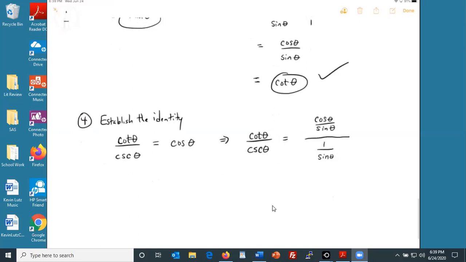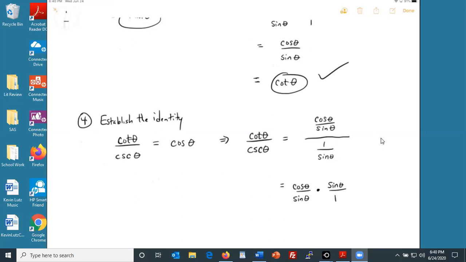Now here again, we have fraction math. We're dividing. Now, with fractions, it's easier to change our division here to multiplying. So let's bring down the top, cosine of theta over sine. And then instead of dividing by 1 over sine, we multiply by its reciprocal, sine over 1.